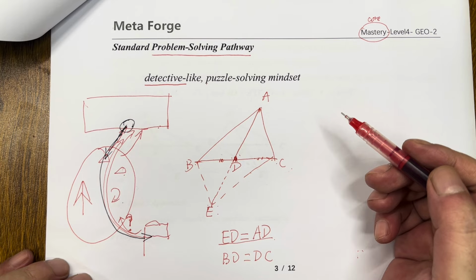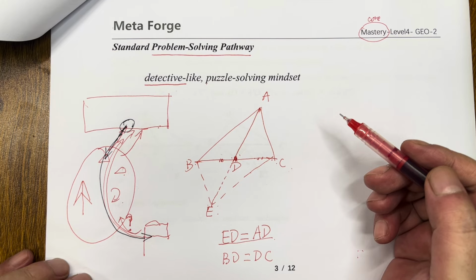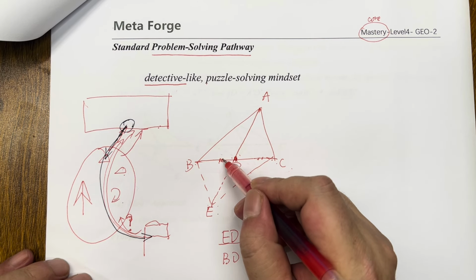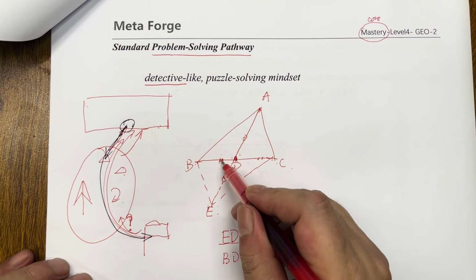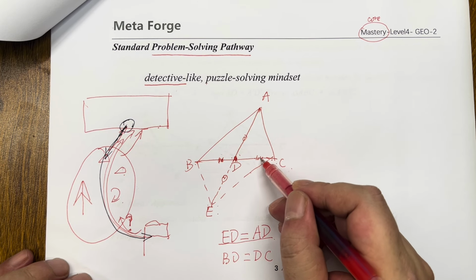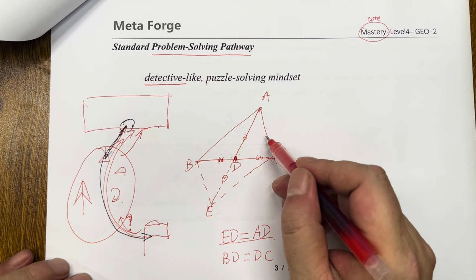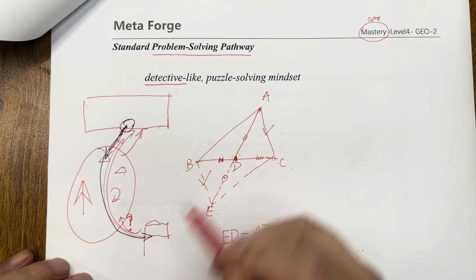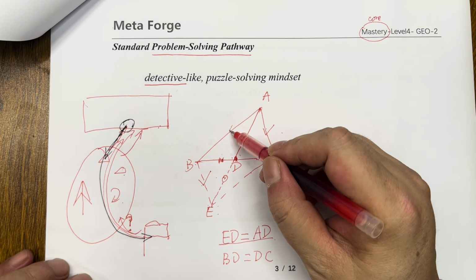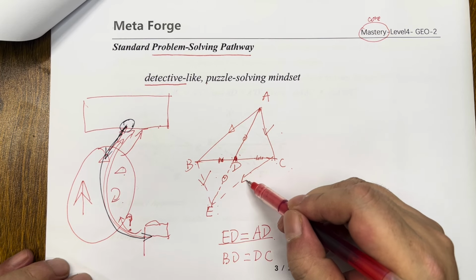So there are a lot of clues coming out. This segment equals this, this segment equals this, and the opposite sides are equal, AB equals CE.